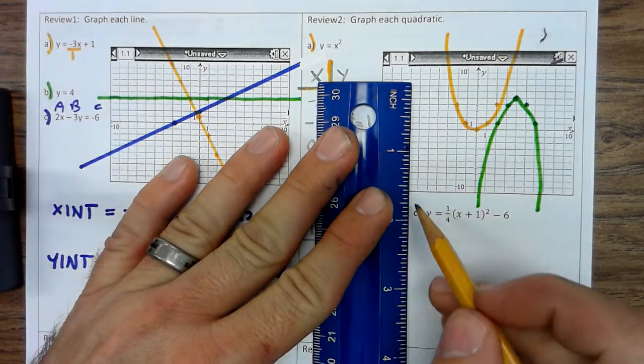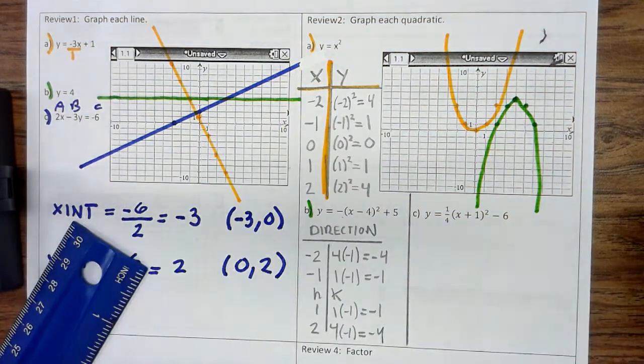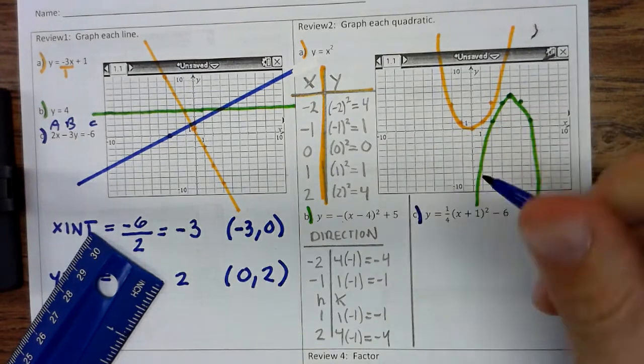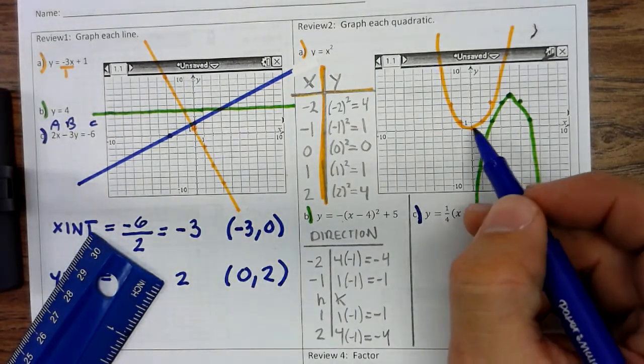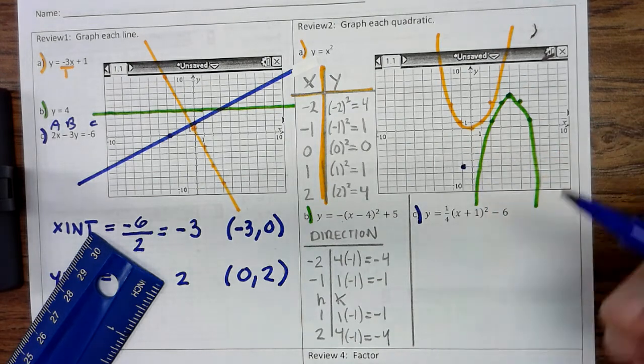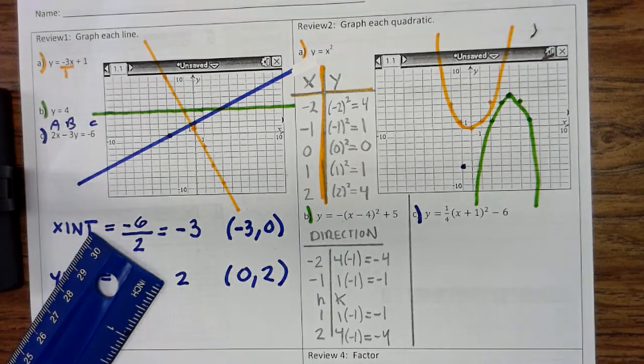All right, now let's look at C. So we move the vertex. That means we go left 1, down 6. And again, we graph by direction.